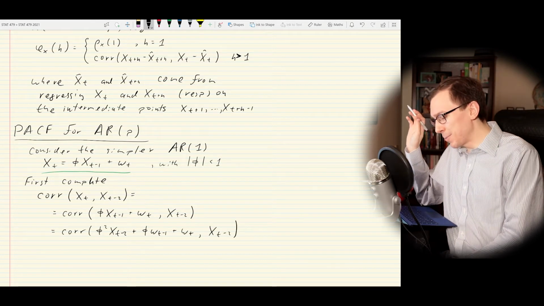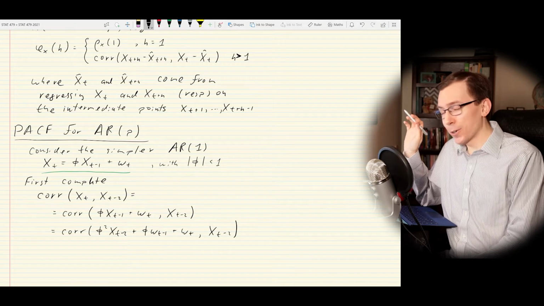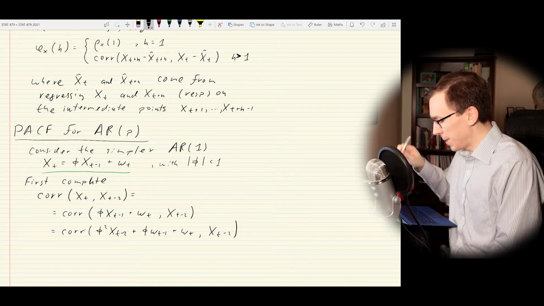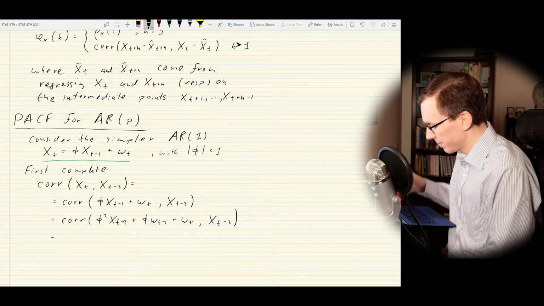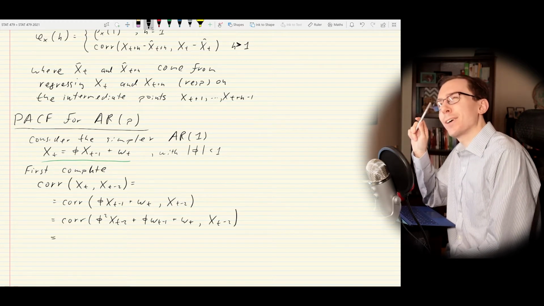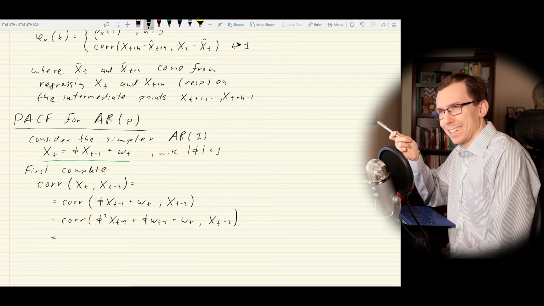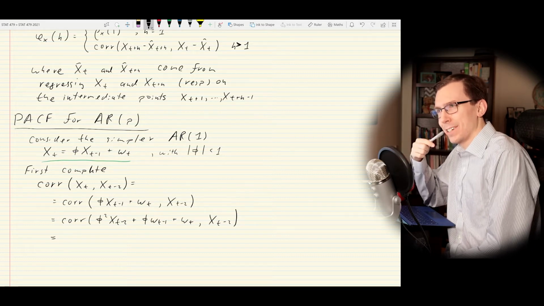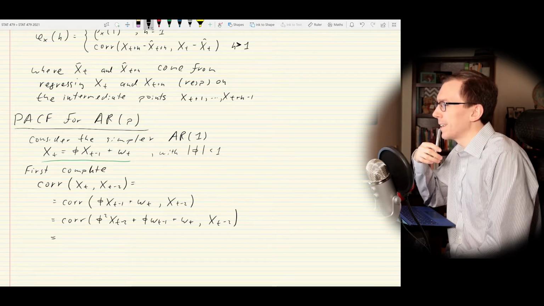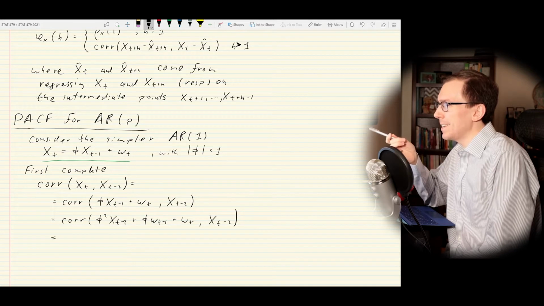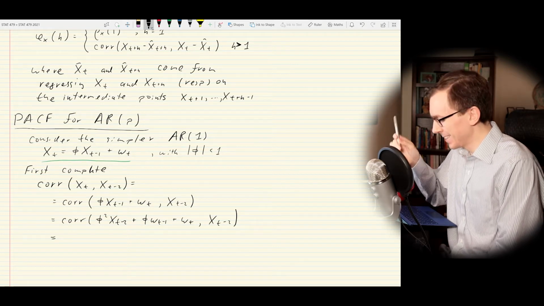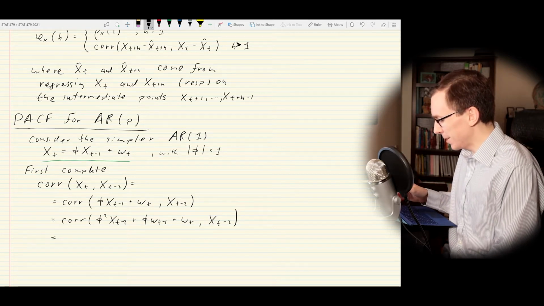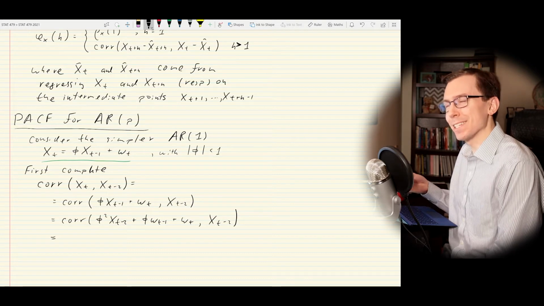Now, the reason we did this is because the correlation is bilinear, and what that means, actually, it's interesting. The covariance is bilinear. The correlation would have a different denominator, I think. But in this case, it'll be okay because the white noise terms are just going to be 0, so it's not actually going to matter.